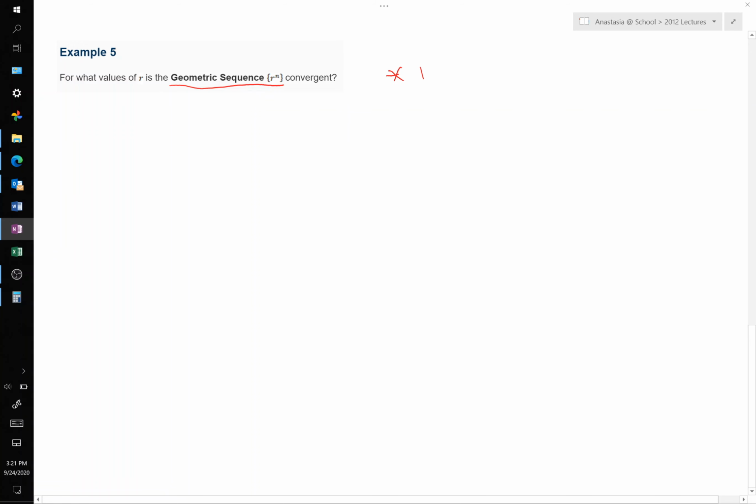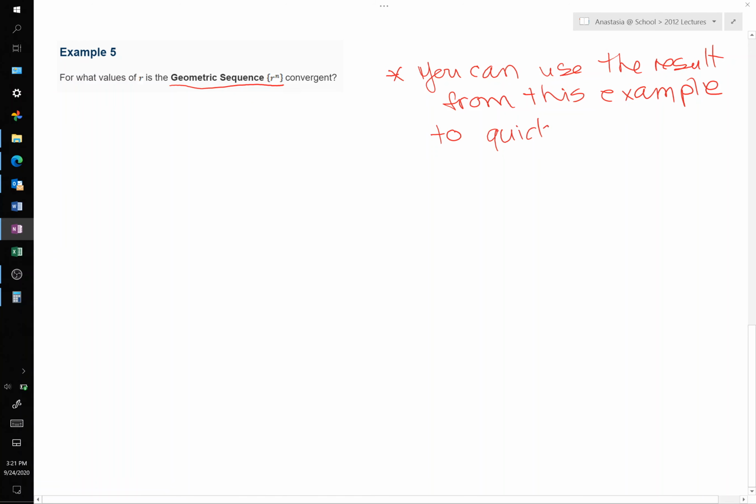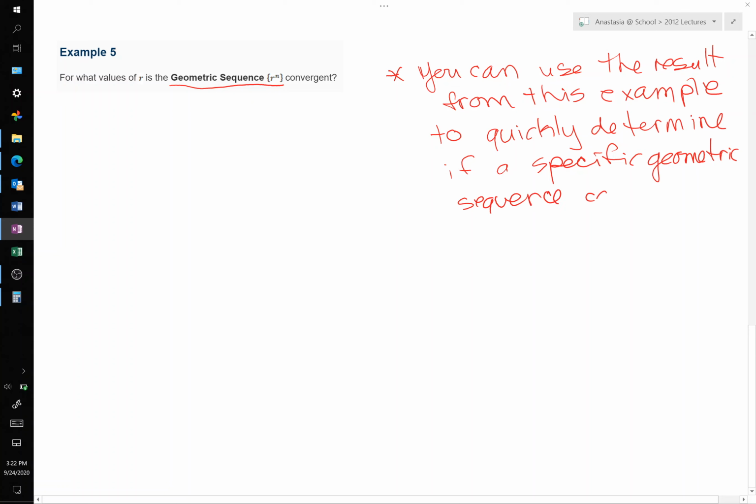Another reason is that in the future, you can use the result from this example to quickly determine when or if a specific geometric sequence converges.